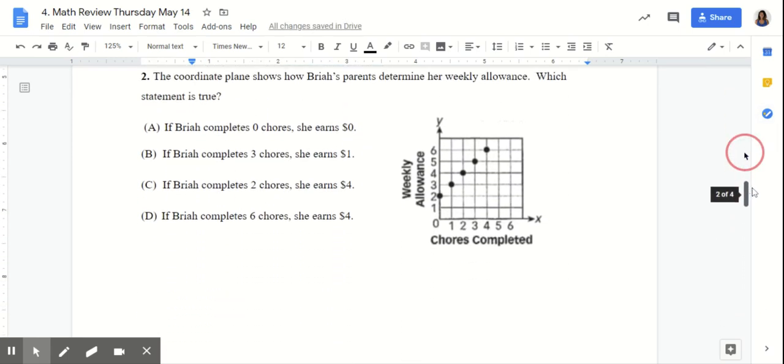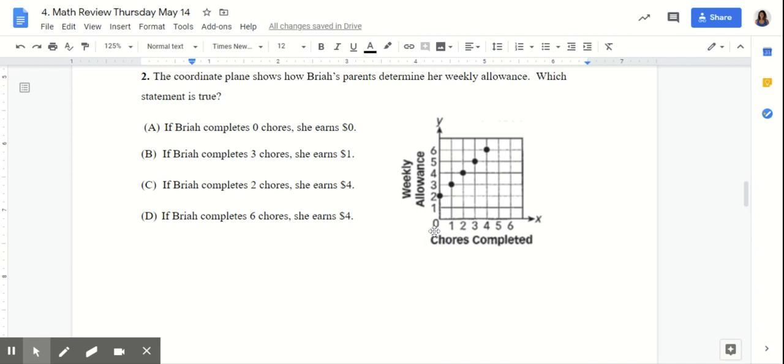This one says the coordinate plane shows how Bria's parents determine her weekly allowance. Which statement is true? Now, in order for us to figure out which statements are true, we need to go through each one to figure out which one is incorrect and which ones are right based off the information given.